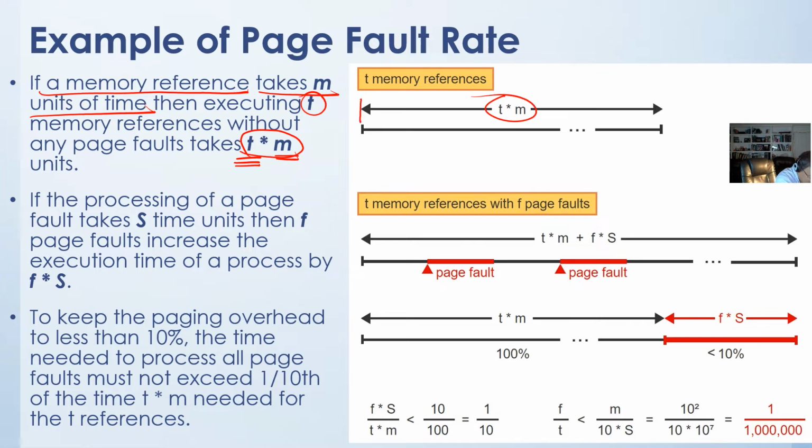That's the ideal case. Now suppose we have F page faults, and each page fault takes S time units. So the total time spent on page faults is F times S. That's additional.